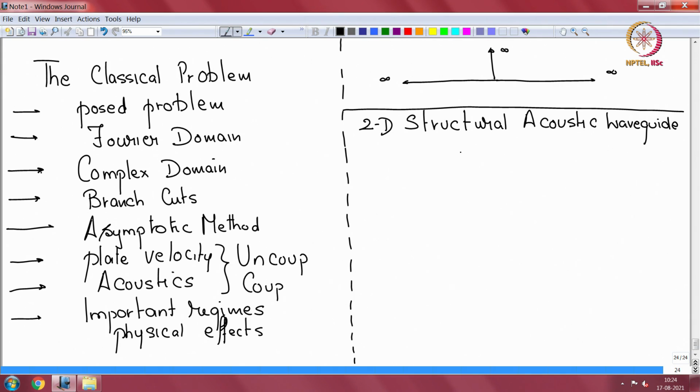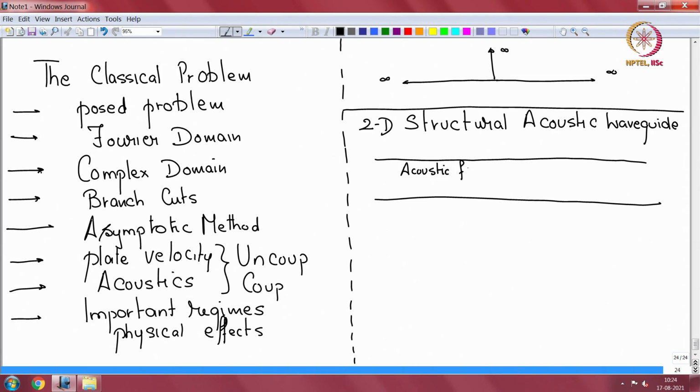The geometry is this. I have a 2D channel of acoustic fluid. There is acoustic fluid here, and this channel extends to infinity in both the directions and has a height a.